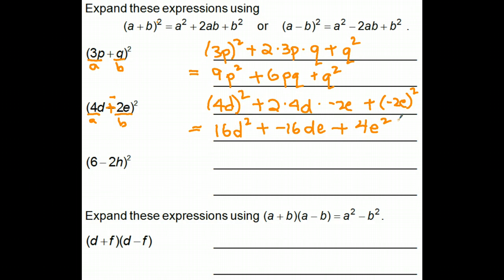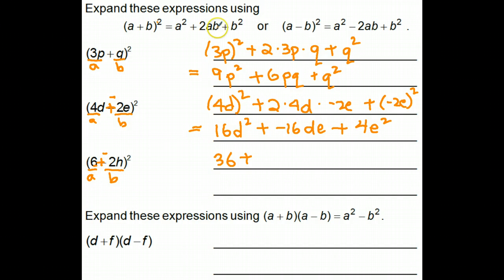Okay, I'm going to do this last one with just a single line of setting out. So change subtract to add the negative. That's a, that's b. So a squared is 6 squared, which is 36, plus, and one of my students said she likes to first multiply these and then multiply by 2.